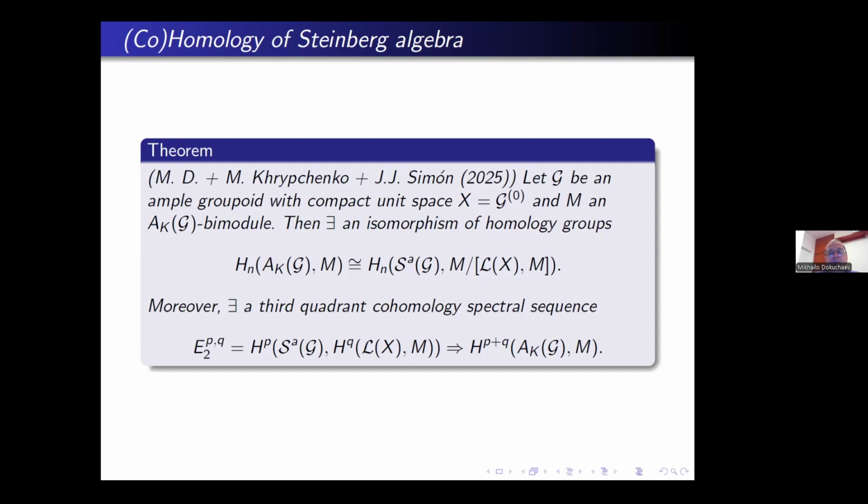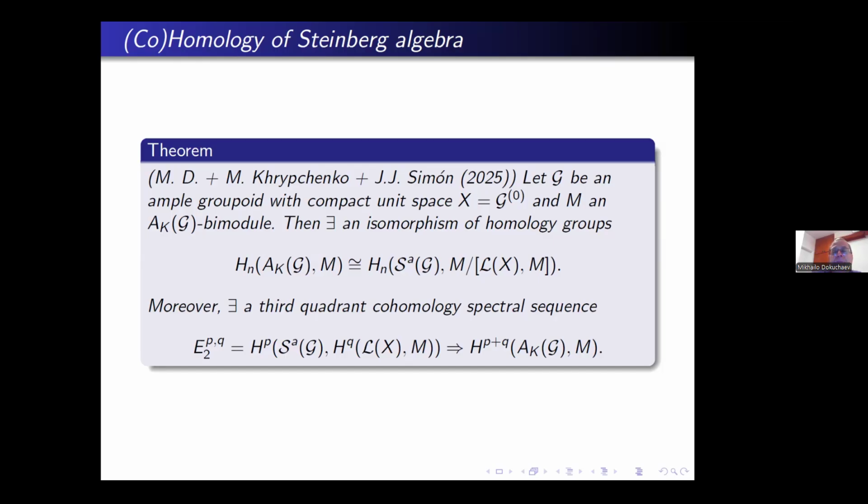And therefore the spectral sequence applies for the Steinberg algebra. Now we are at 10:51, maybe I should stop, but if you want to know how we prove it, I can say a few words.